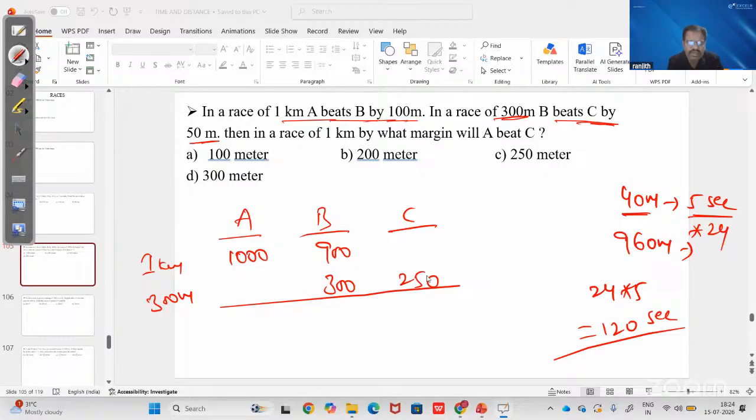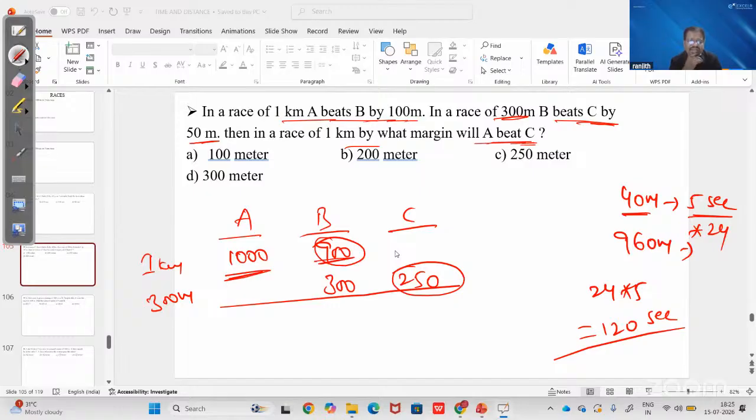So now we can write: in a 1 kilometer race, by what margin does A beat C? Just look here. A is running a total of 1000 meters, B is running 900 meters, whereas C is running 250 meters, since in a race of 300 meters B beat C by 50 meters.